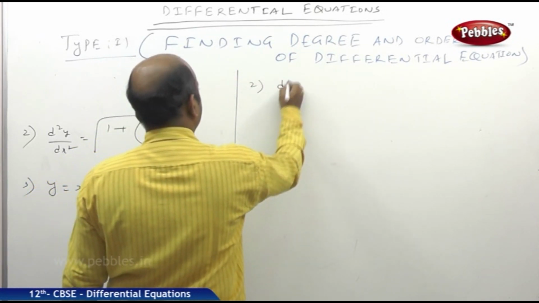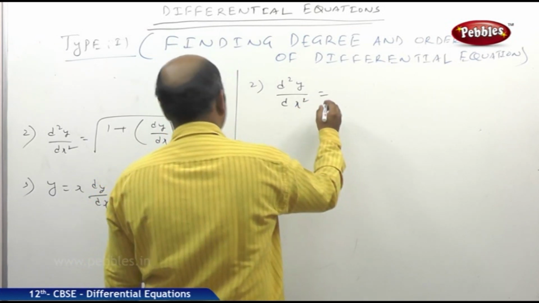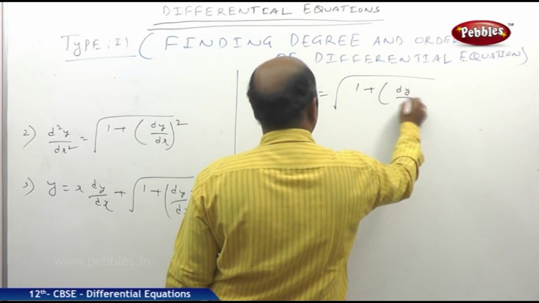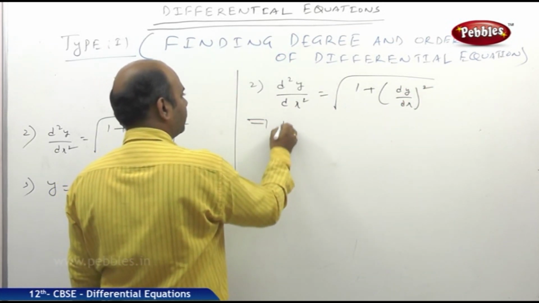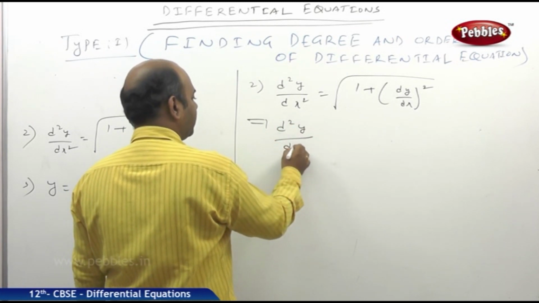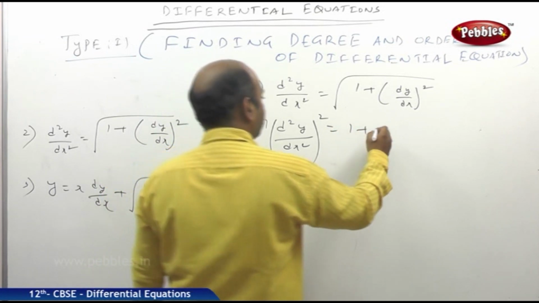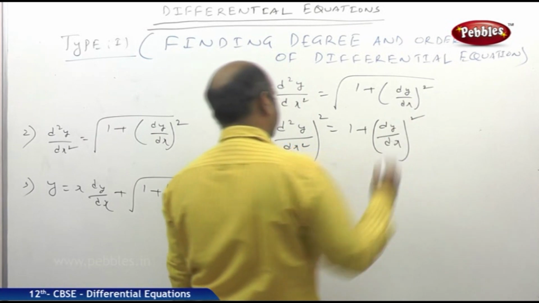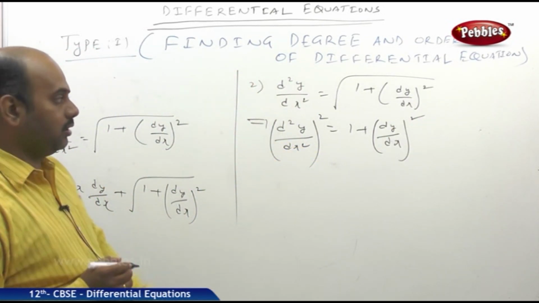So the second one: d square y by dx square is equal to under root of 1 plus dy by dx whole square. Squaring on both sides, d square y by dx square whole square is equal to 1 plus dy by dx whole square. Now we are getting the differential equation in polynomial form.